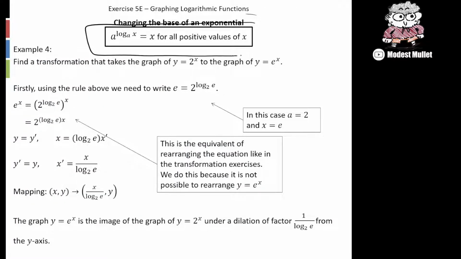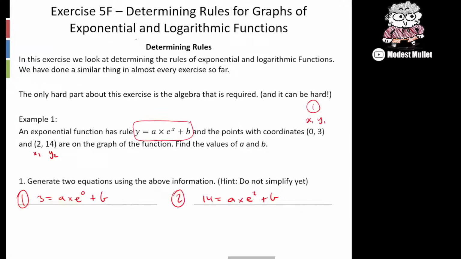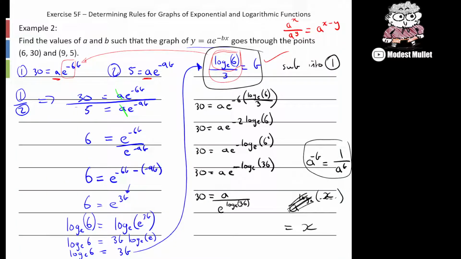That rule is written here. A to the power of log base a of whatever, all of that cancels out, and we're just left with whatever the log was being taken of. So this simplifies into 30 is equal to a on 36. And we can multiply both sides by 36, and we get a is equal to 1080.